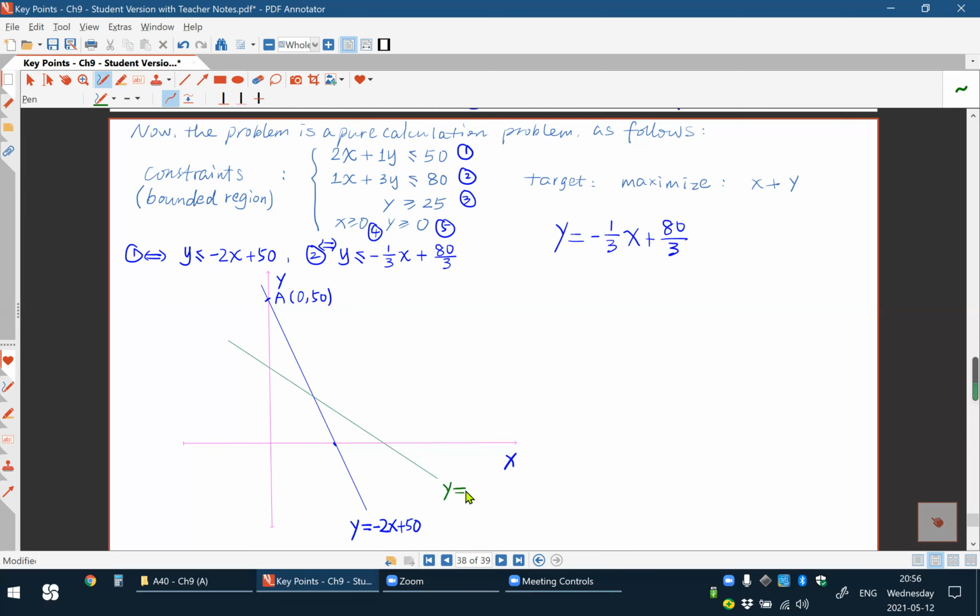Which is y equals -1/3 of x plus 80/3. So 80/3 is around 26.67, right? So here, what is the point here? This point is 25, right? And 26.67 is a little larger than 25.